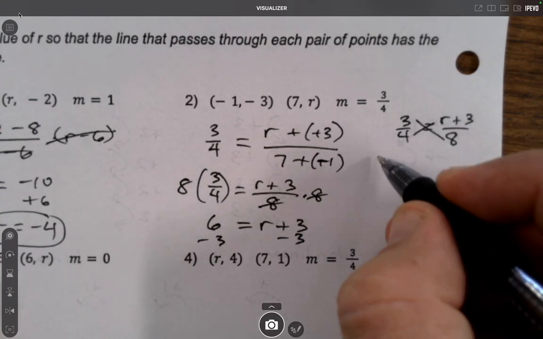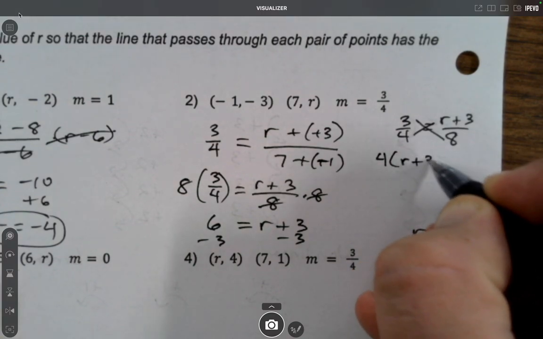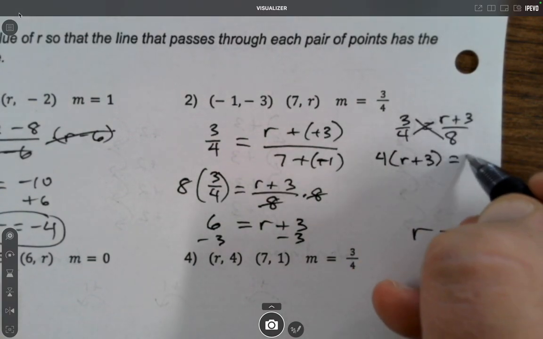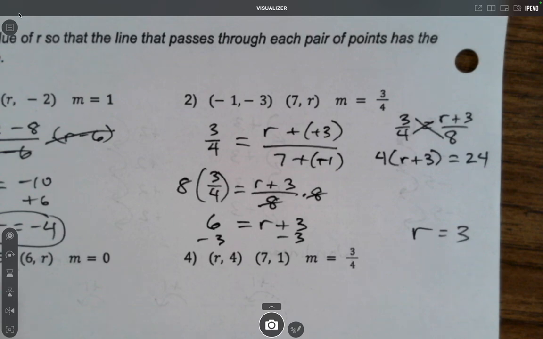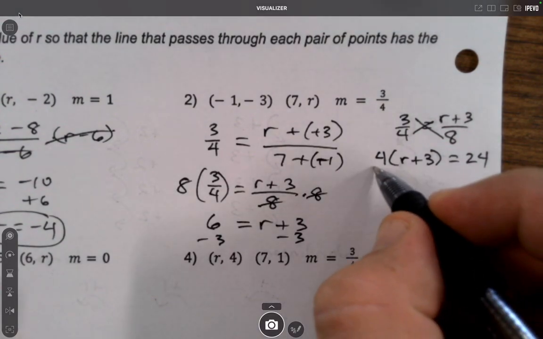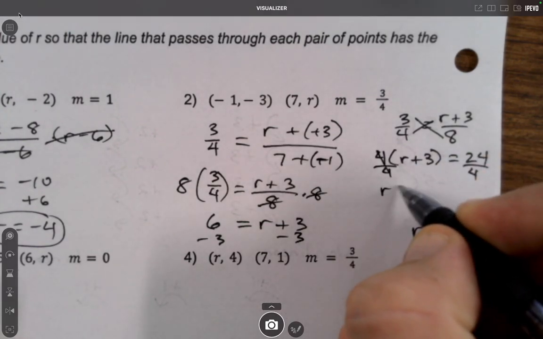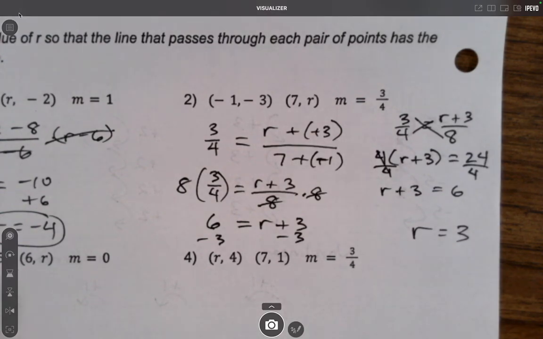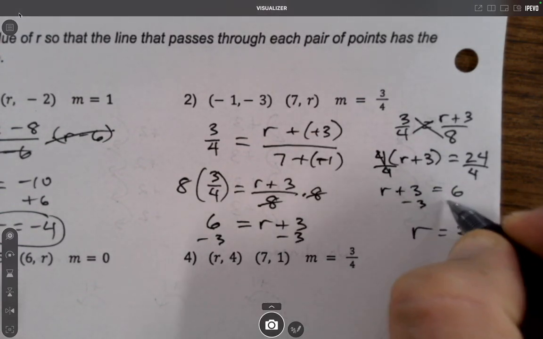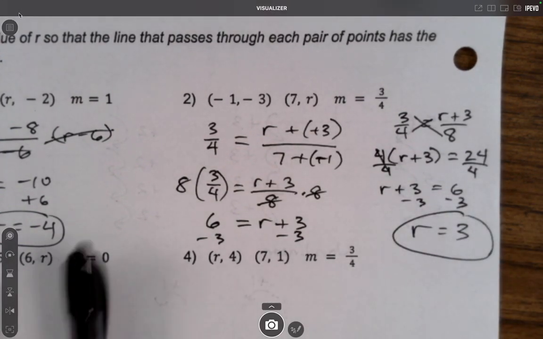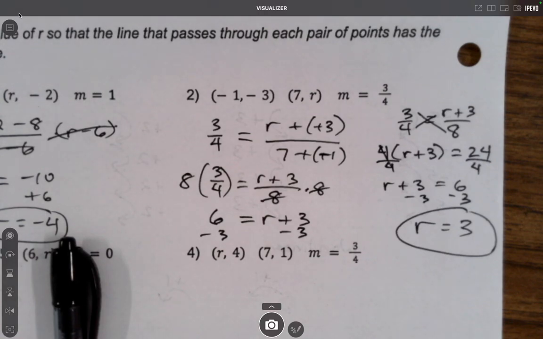So 4 times r plus 3 equals 3 times 8, which is 24. Then I divide both sides by 4. You could distribute if you wanted to, but I'm not going to. We get r plus 3 equals 6. We subtract 3 from both sides. You can see either way, we get r equals 3. So you can pick whether you just multiply by the denominator or you cross multiply.